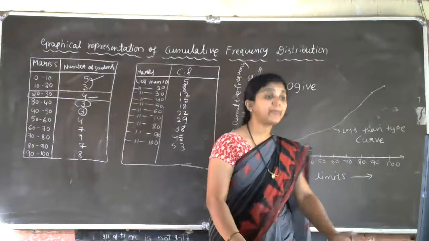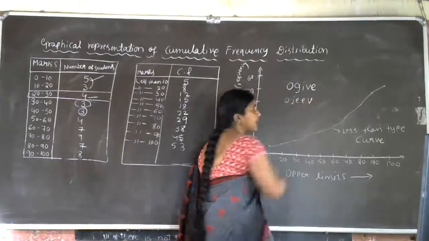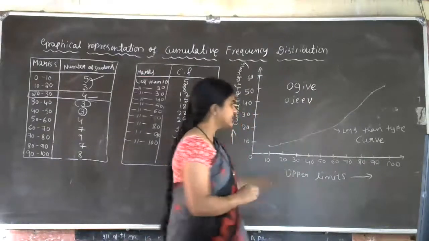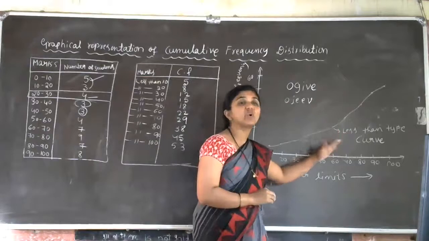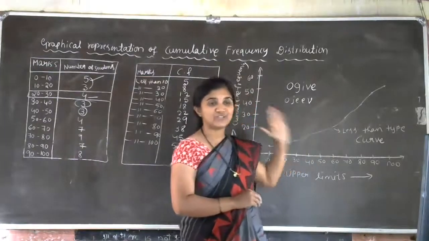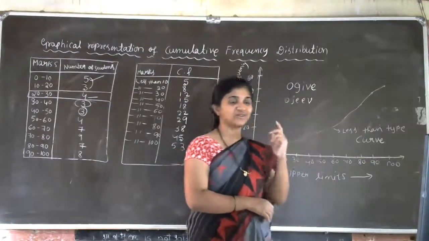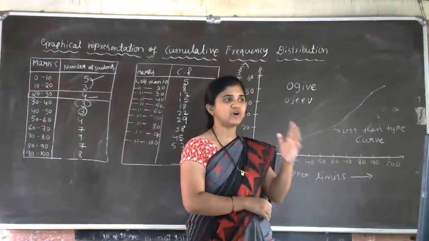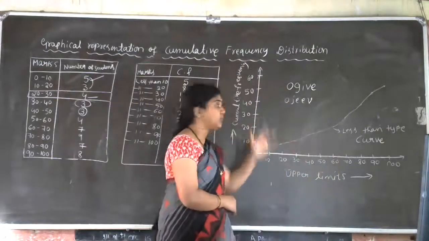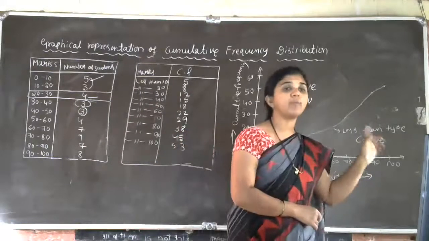We have to pronounce this in the form of ogive. This curve is called an ogive. Draw ogive of less than type. Draw ogive of more than type. This is the way of asking the question, students. Draw less than ogive, draw more than ogive.